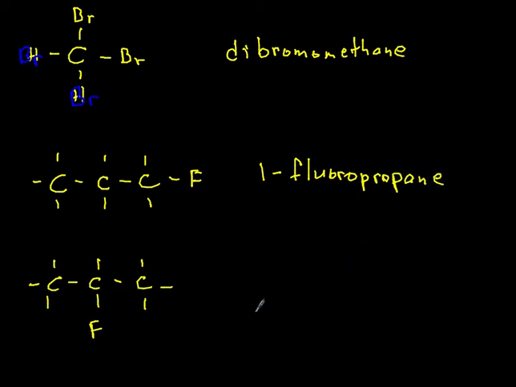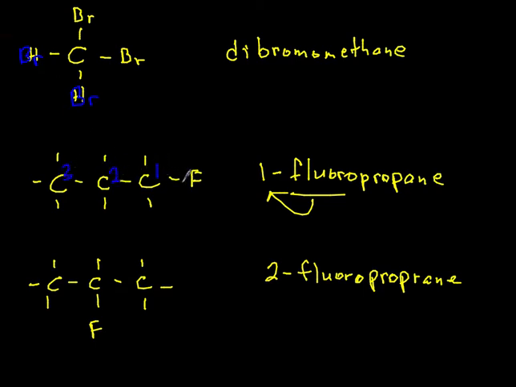And this one here is going to be 2-fluoropropane, because we're going to identify where the fluoro is. The fluoro is on carbon 1 in this case, because we're going to number this one from right to left, 1, 2, 3, closest to the substituent. In this case, it doesn't matter whether we number from the left or the right, it's going to be the same either way, so 2-fluoropropane in that case.